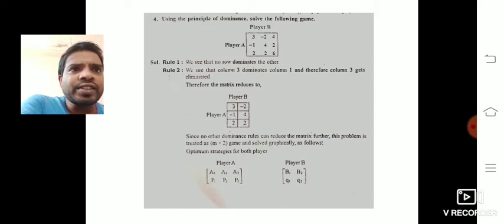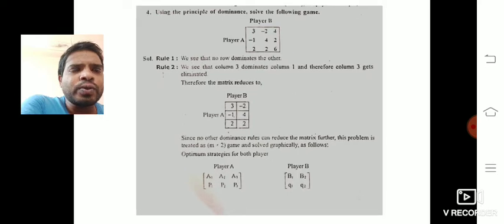Now the first and second columns are left, and row-wise 3 rows are there. We can apply any rule at any time. There is no strict procedure to follow, like first apply rule 1, first apply rule 2, first apply rule 3. We can apply any rule at any time.